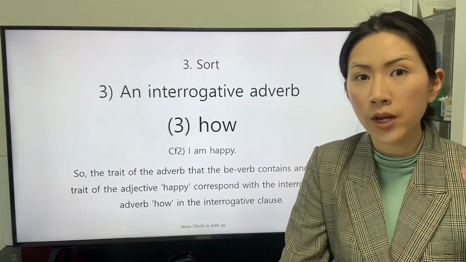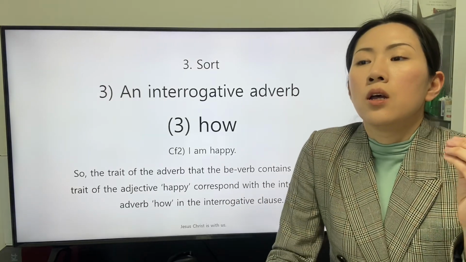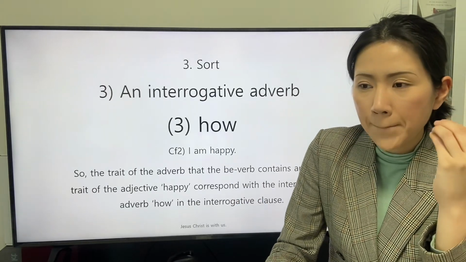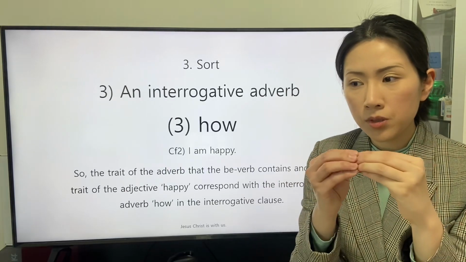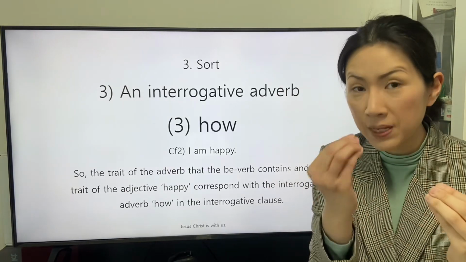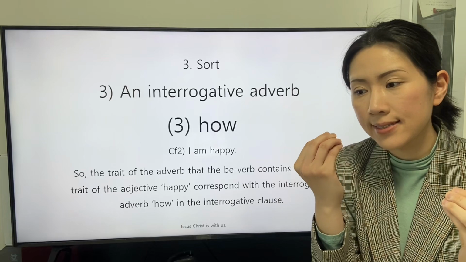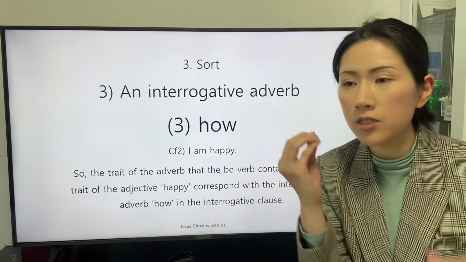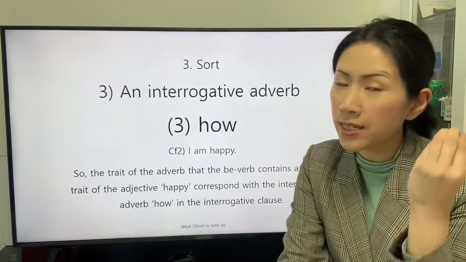This change originates from the trait of the be verb that includes the trait as an adverb.